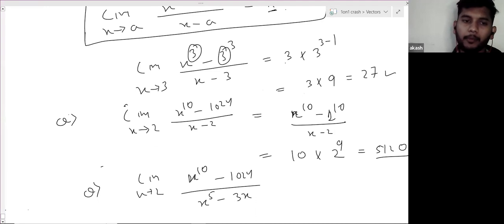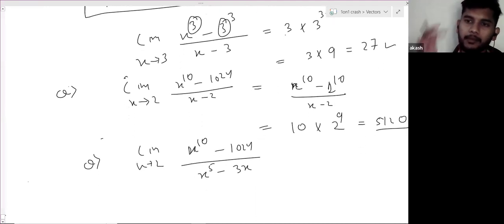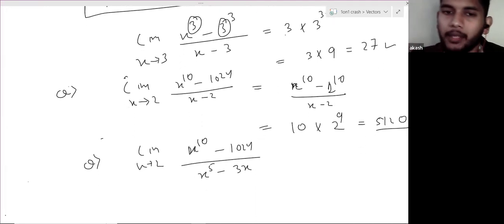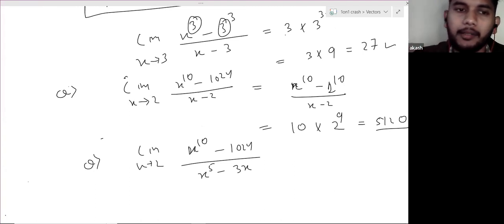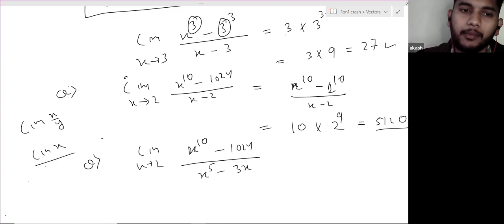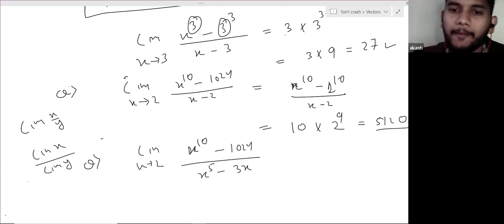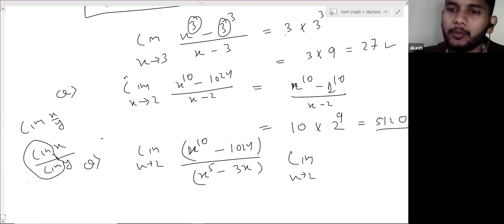Remember, there is a property of limit that if denominator and numerator is there, you can divide, right? Like limit x upon y, you can write limit x upon limit y. Or if you don't want to do this, you can solve this one differently. What do I mean by that? Limit x tending to 2, this is 2 to the power 10, right?